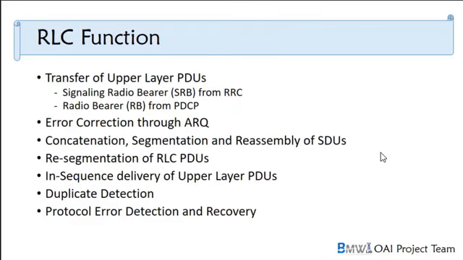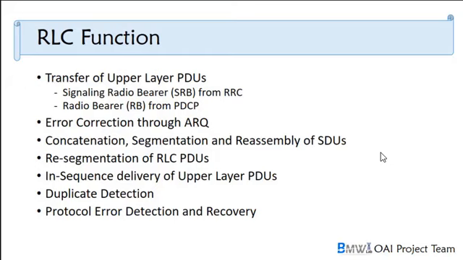The first part is the RLC function. The function of the RLC is transferring of upper layer PDUs, and there are several parts like what you can see in the slides. The other function is error correction through ARQ.